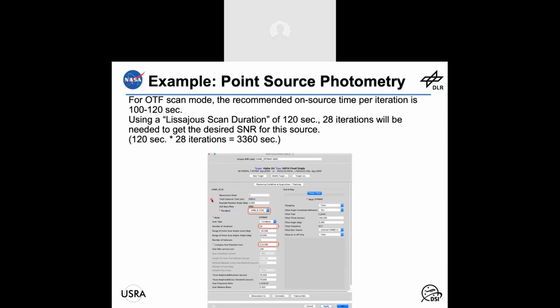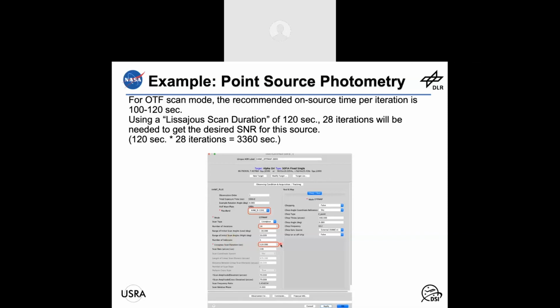The one thing to note is that we recommend selecting the on-source time per iteration between 100 and 120 seconds. That's the box right here, the Lissajous scan duration. In this example, I've set it to 120 seconds.